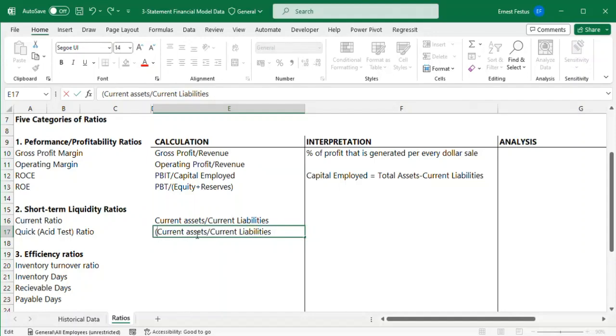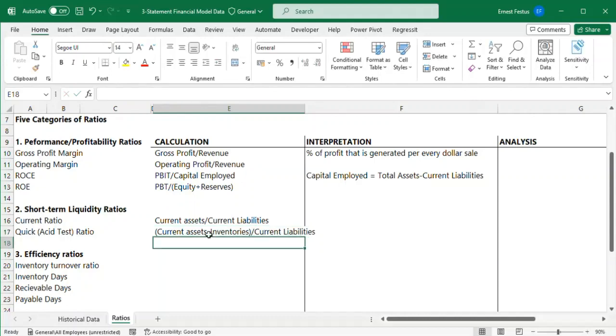We are looking at just liquid assets, and so we will take away the least liquid assets, which is the inventories. Inventories are the least liquid assets you can ever have. So it takes away the impact of that.